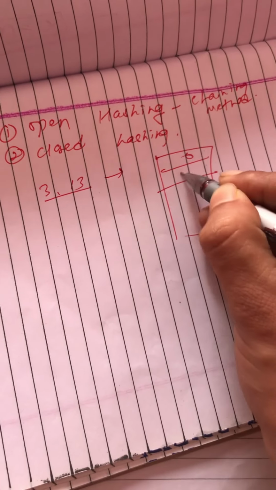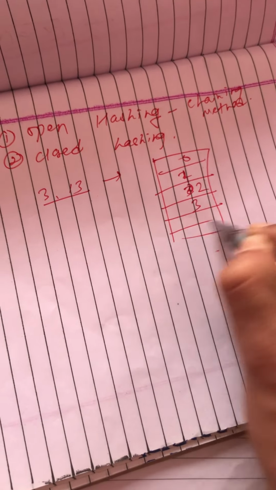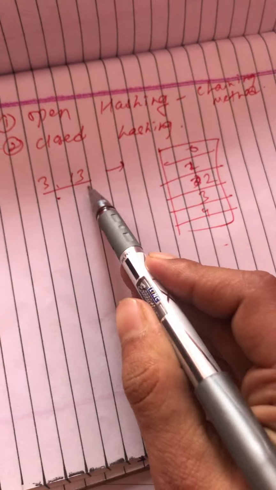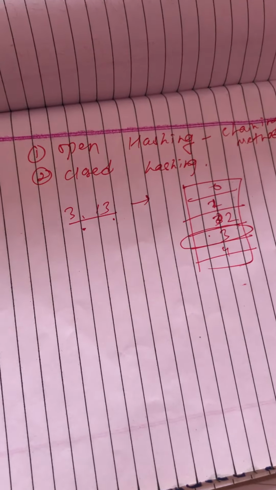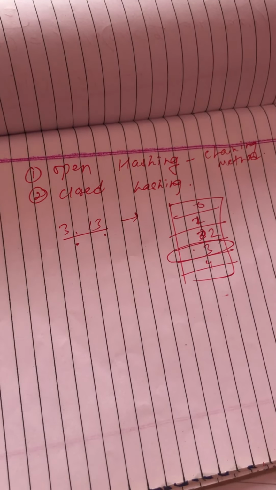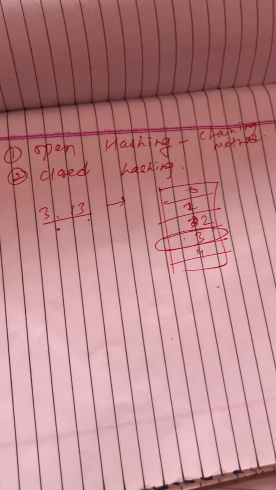I will explain with an example. If 3 and 13 should be stored in index 3, with indexes 0, 1, 2, 3, 4, then we can resolve this collision using the chaining method, by linking these elements in a chain in the same index.